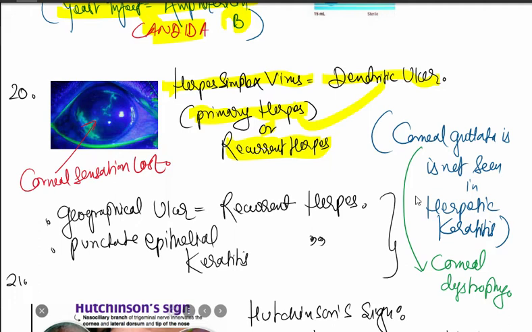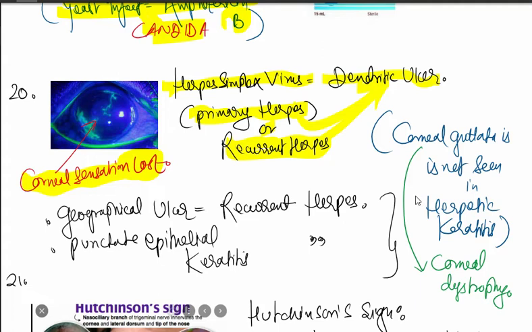Both of them can have dendritic ulcer. Here the corneal sensation is lost. What other causes reduce corneal sensation? Here it is totally lost. It is reduced in leprosy and diabetes mellitus. But corneal sensation is lost in herpes simplex virus dendritic ulcer. Okay.